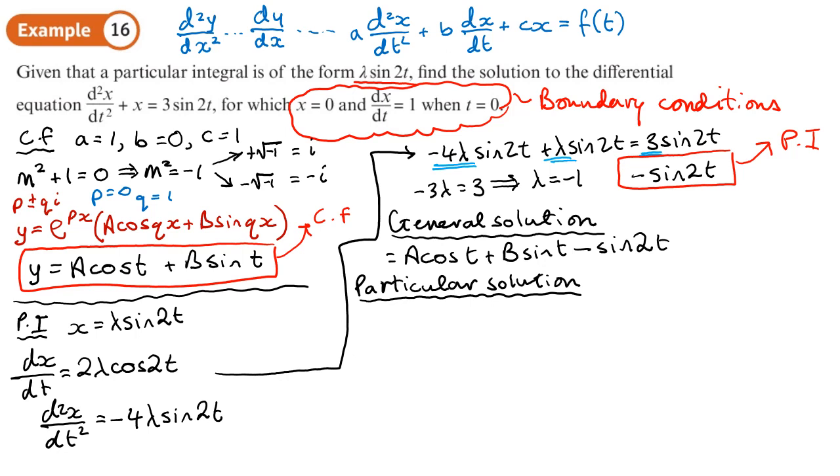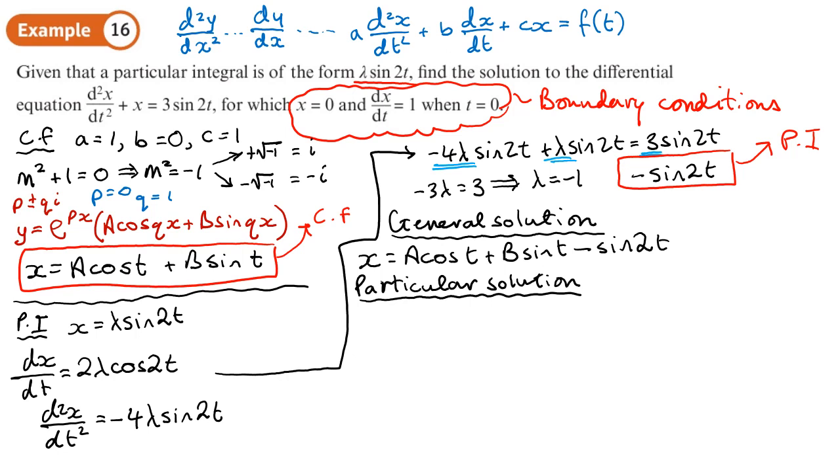So I've got a couple of corrections to do here. This should be x, this should be x. There we go, that's more like it. I hope that didn't cause you too much confusion. We should be using x and t. So that's the particular solution, now that I've corrected those letters.